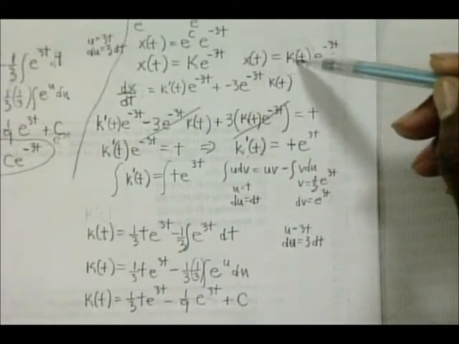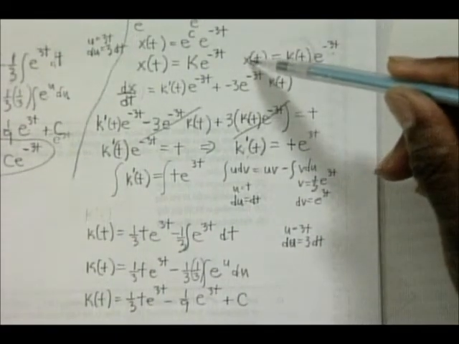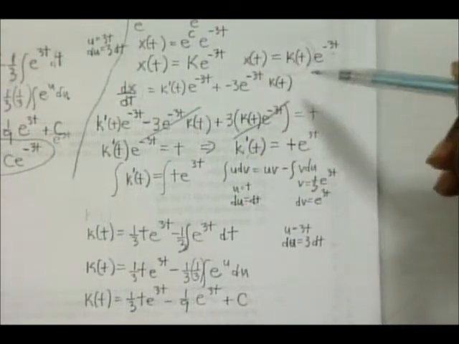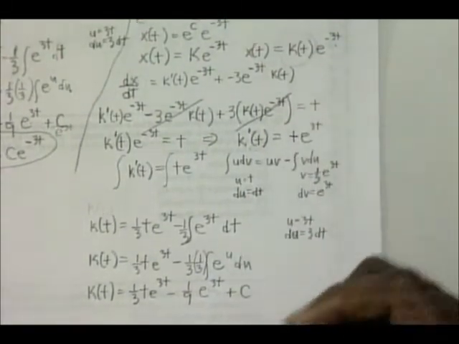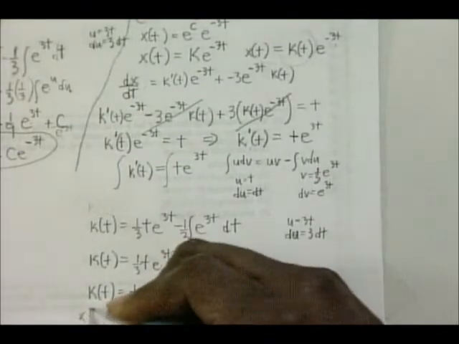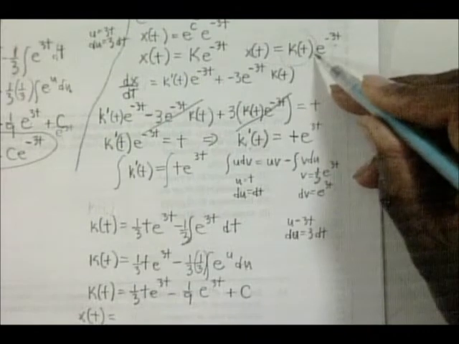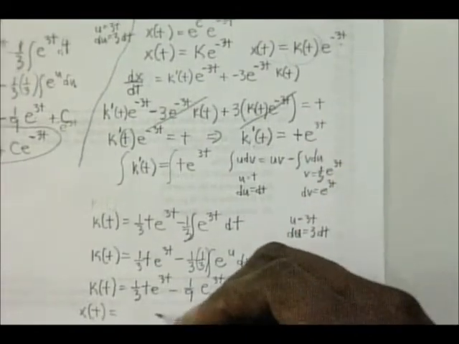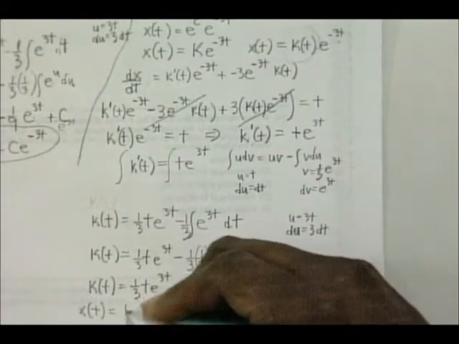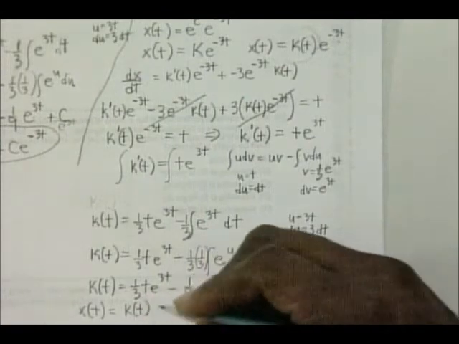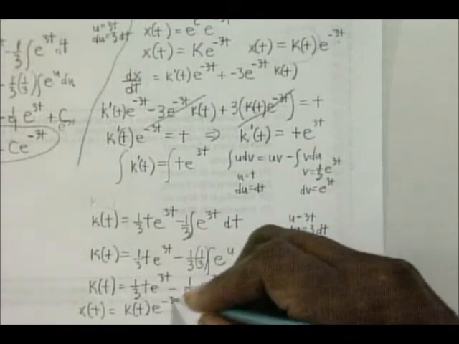Way up here. Our solution is x sub t is equal to k sub t times that. We now know what k sub t is. So we have x sub t. I'm just rewriting what I had up here. X sub t is equal to k sub t times e to the negative 3t.